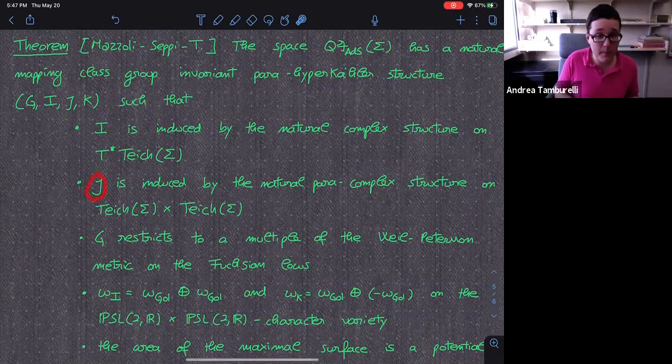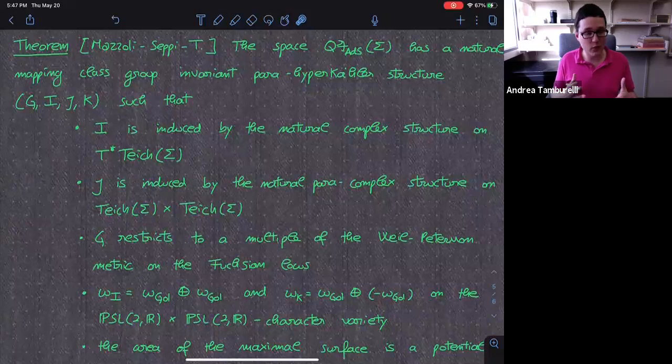Then the paracomplex structure J is the natural paracomplex structure on the product of two copies of Teichmüller space. So we saw in the beginning of the talk that quasi-Fuchsian anti-de Sitter manifolds can be identified with the product of two copies of Teichmüller space.